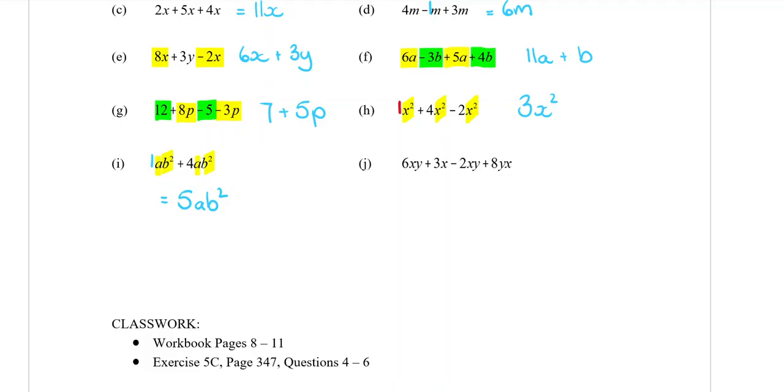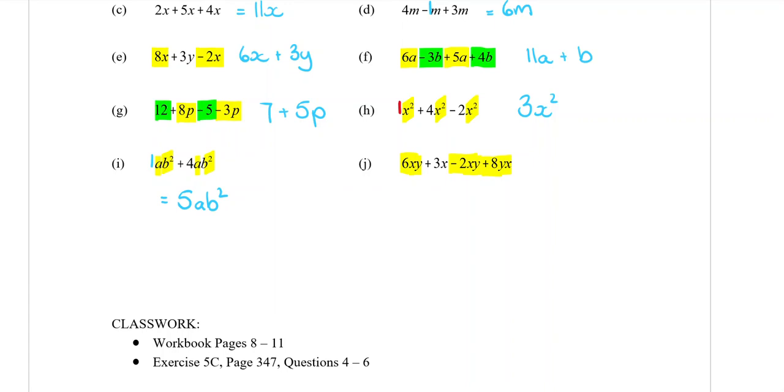And finally, the last one, J, 6xy plus 3x minus 2xy plus 8yx. So I've highlighted the xy for the first term. The third term also has an xy, so let's highlight all of it. And the last term, it has a yx or an xy in reverse, so it's actually a like term as well.